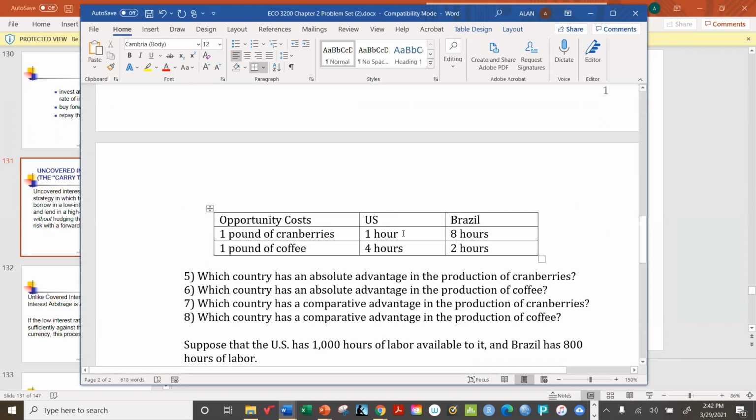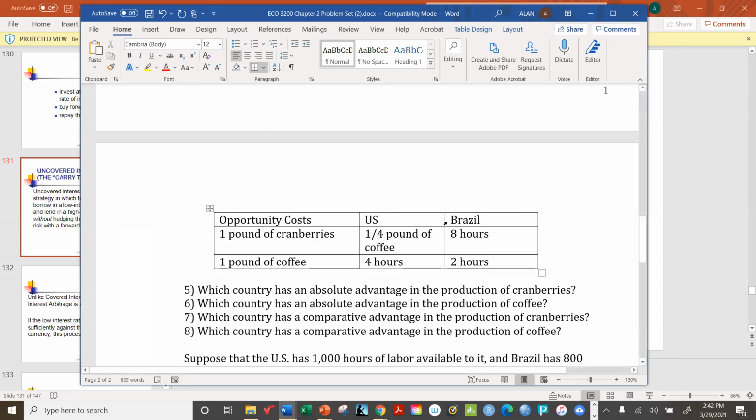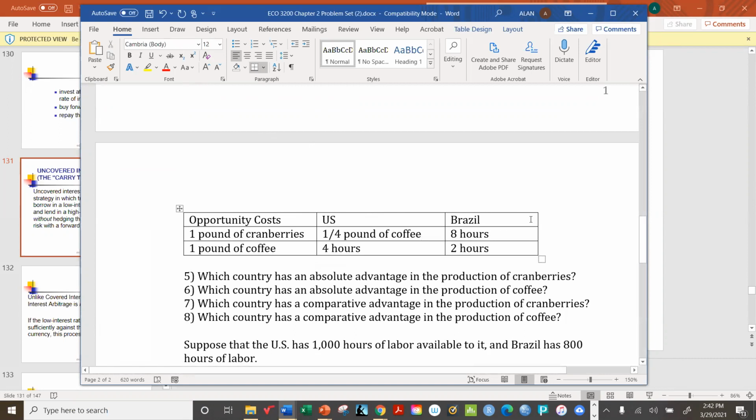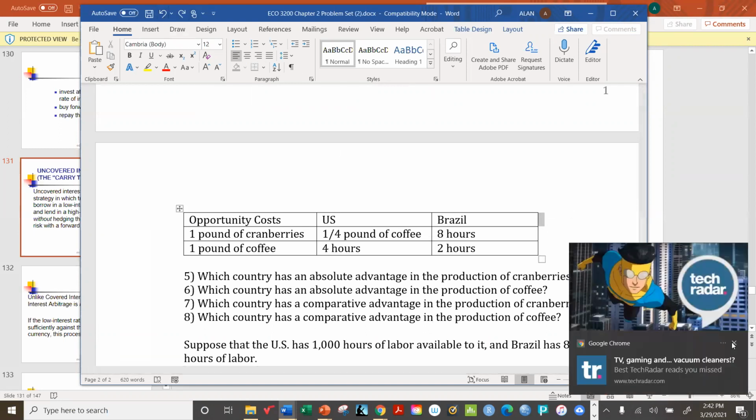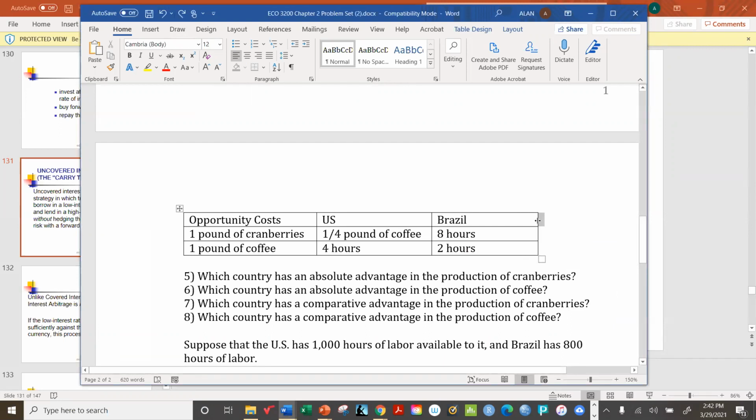So for the US, the pound of cranberries only required us to give up 1/4 pound of coffee. Let's see if I can make this a little neater. There we go.